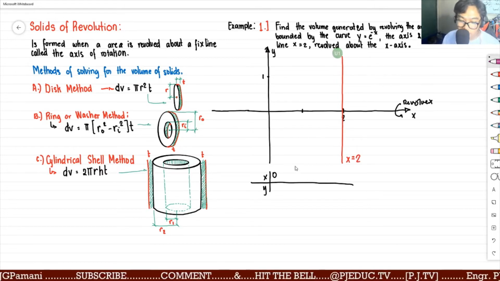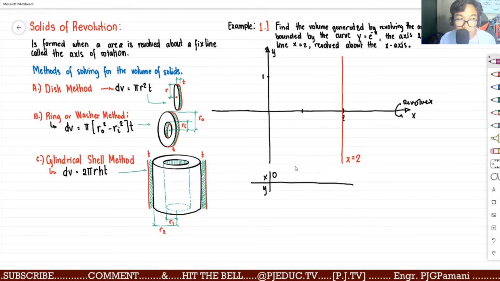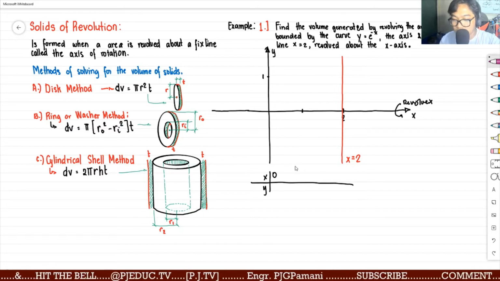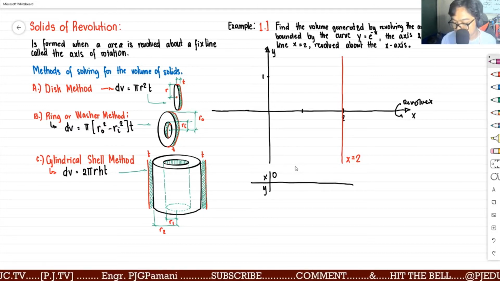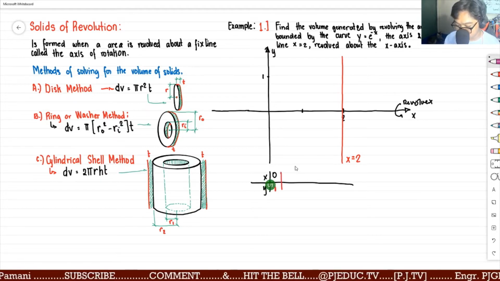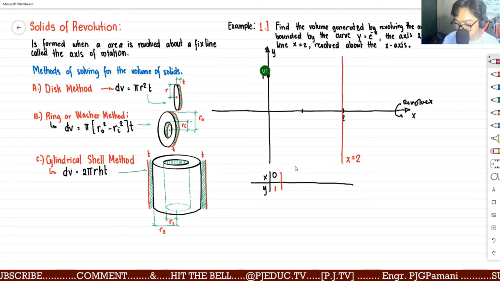At x equal to 0, what is the value of y? e raised to 0, which is basically 1. Right? So here is our first point.